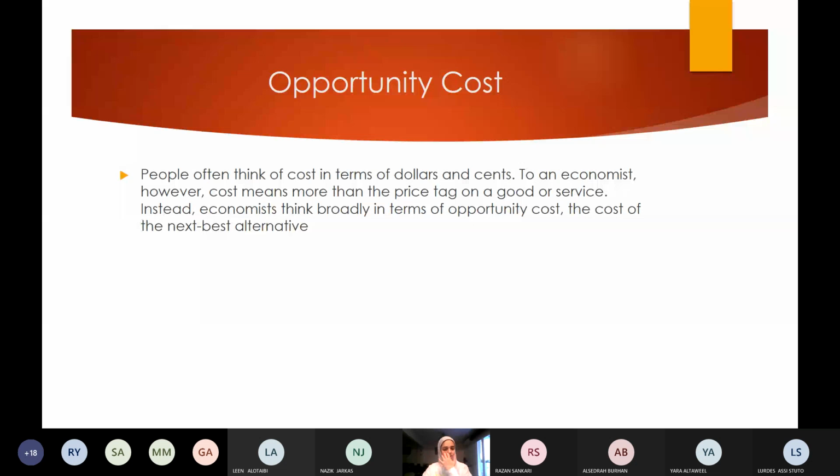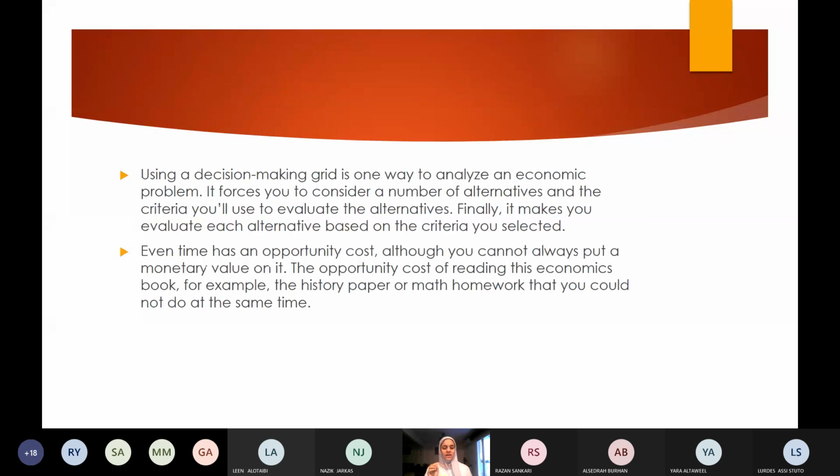So opportunity is the other opportunities available for you to take. When you make a decision, you will keep thinking, what if I have more than one option? If I have five options, what do I do?